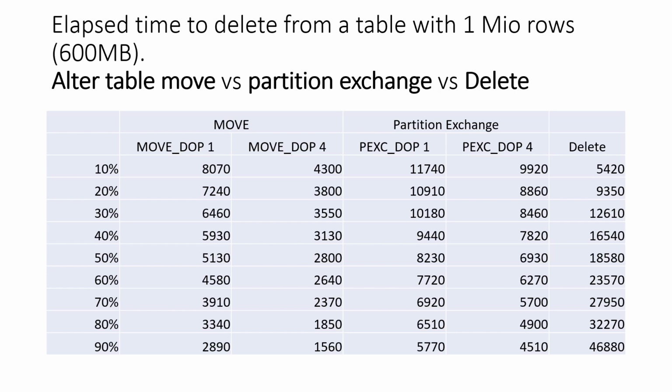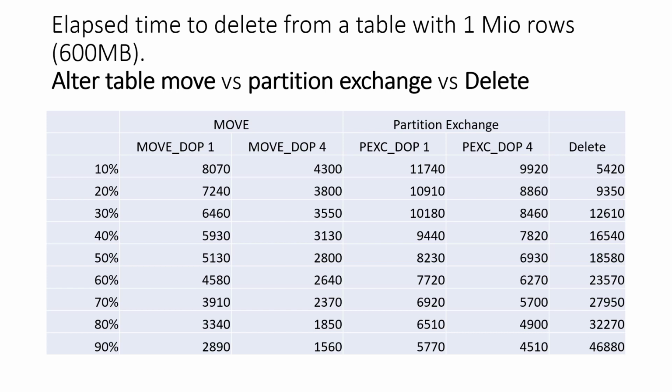And here is the table, the result, the elapsed time. It is only the elapsed time. I didn't count the CPU, because we will see there is really a huge difference.